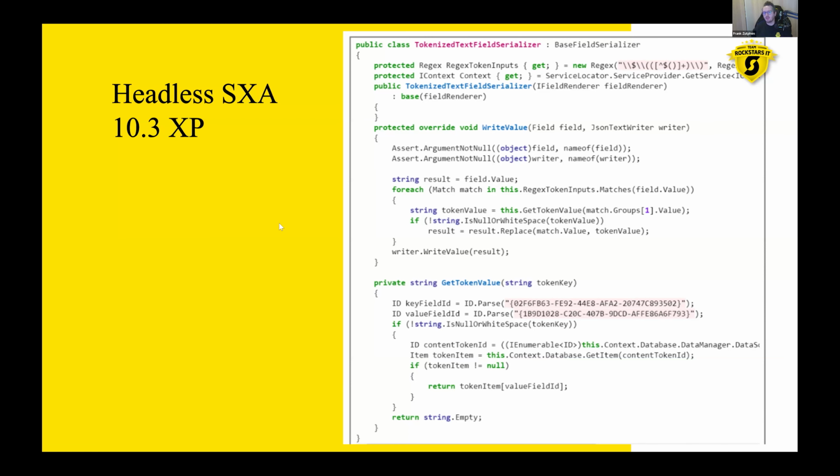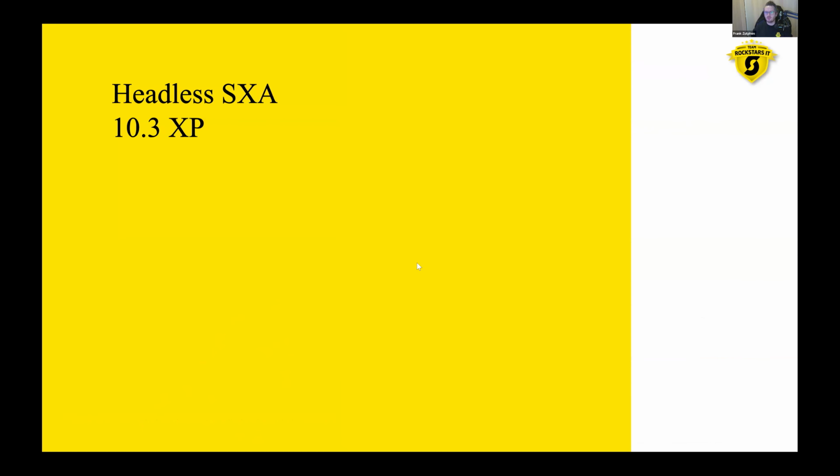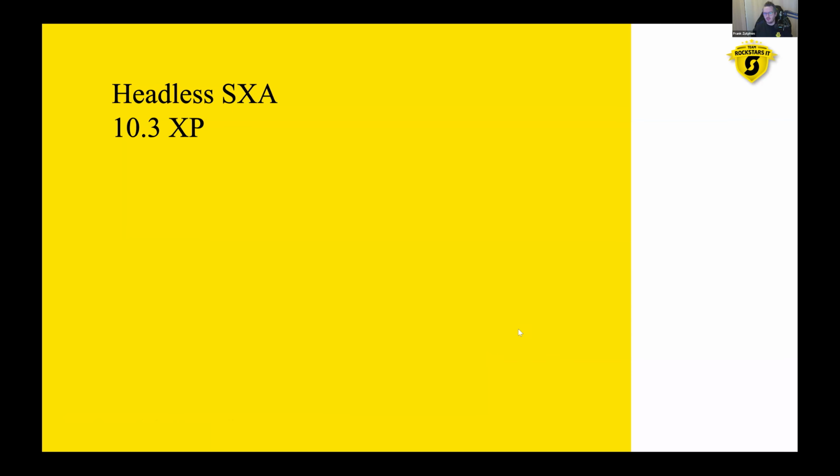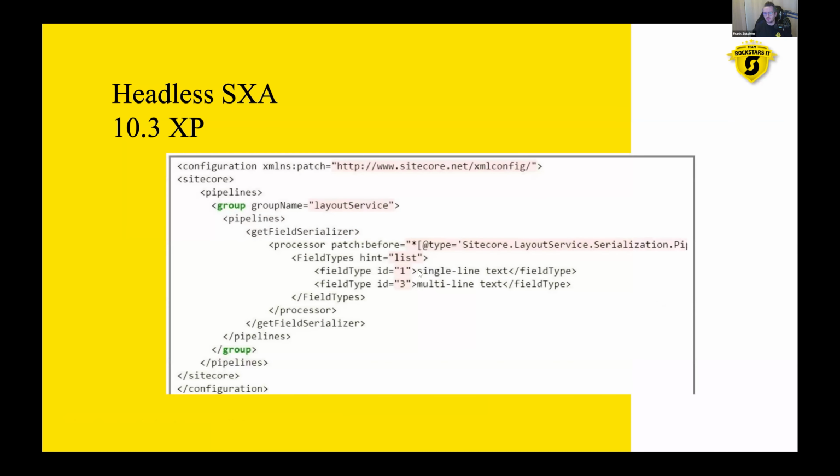What he did is he created a field somewhere in the system node with this GUID, and the following stuff is happening, which then makes it work. He actually does get a separate field serializer, and he then uses a configuration patch in order to get this to work.